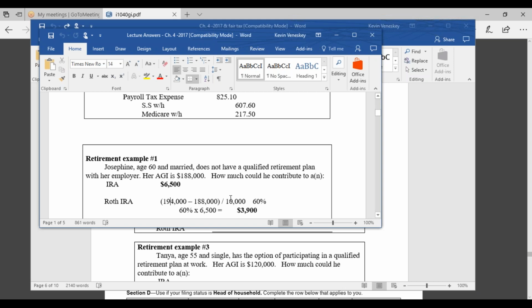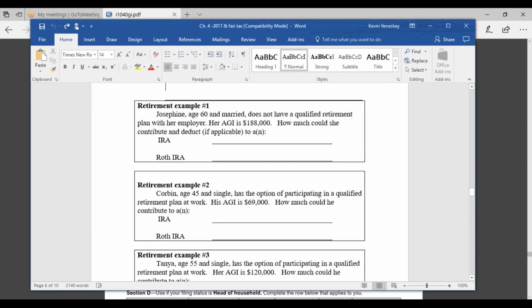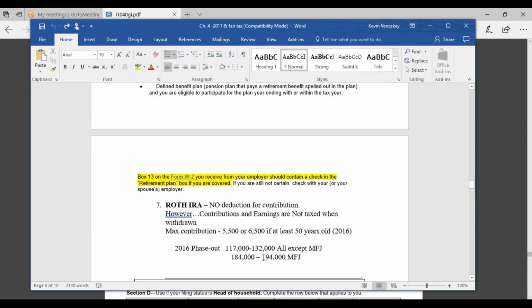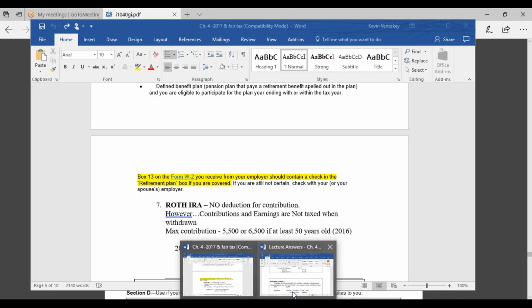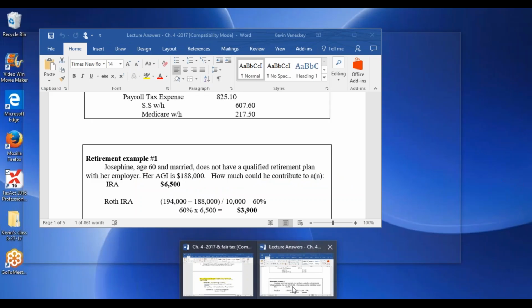The Roth IRA. Again, it doesn't matter for a Roth if you have a company employer-sponsored plan. What matters is your AGI. This individual is in the cap range. So what we need to do, she is married, so we need to take the upper limit. So we go back to the notes. The upper limit for married persons was 194 for this year. Now your numbers may be different if you're in a future semester. Always go back to the notes that I have for that year.